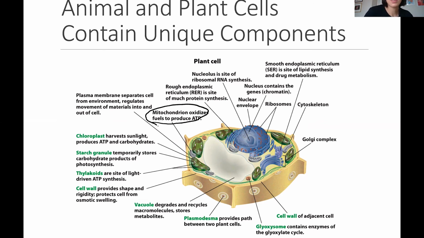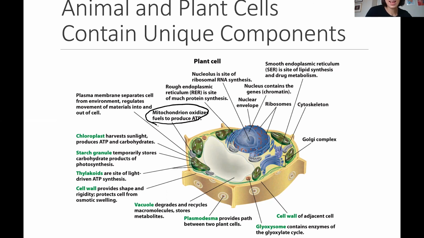Plant cells can have things like starch granules. This is where they store carbohydrates. Thylakoids, this is the actual site of light-driven energy synthesis. The cell wall itself. So the cell wall is one very distinct difference between a plant and animal cell.